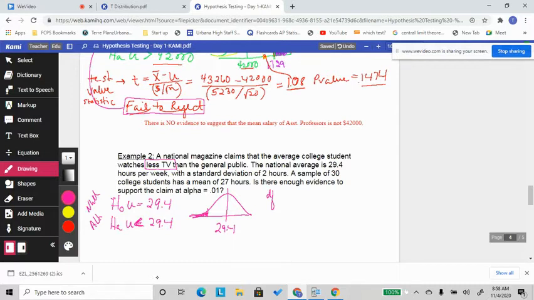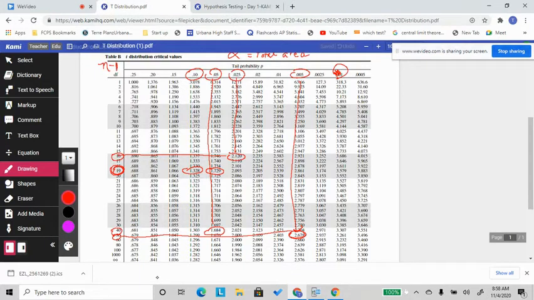Now we need to find a critical value. This will be step 3. Sample size is 30, so degrees of freedom is 29, and we have an alpha of 1%. Don't need to worry about dividing it up because it's all unshaded on this side. Okay, so we go to our t-distribution.